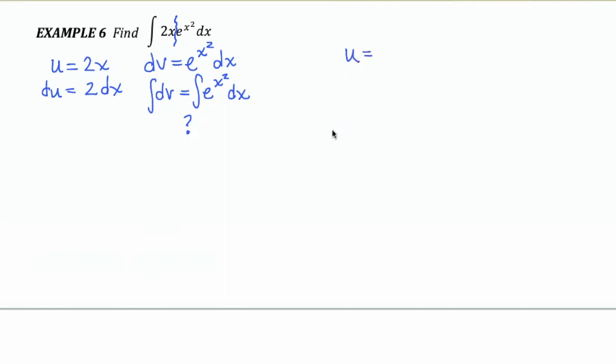And again, please get used to needing to take more than one attempt to get things started. So u will be e to the x squared, and dv will be the 2x dx. Now, taking the derivative of u is possible with the chain rule. Take derivative of e to the x, it's e to the x. Keep the exponent the same, times the derivative of the exponent.